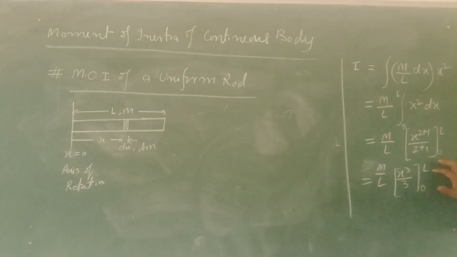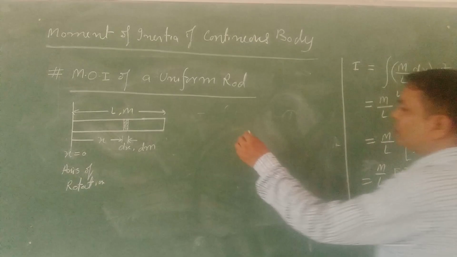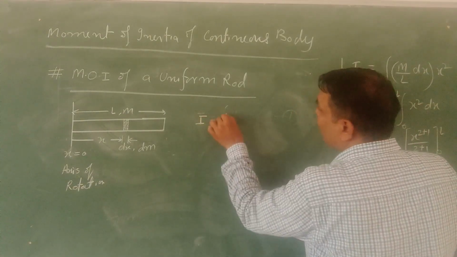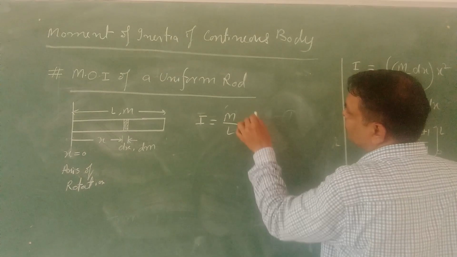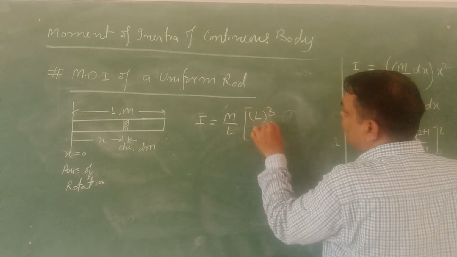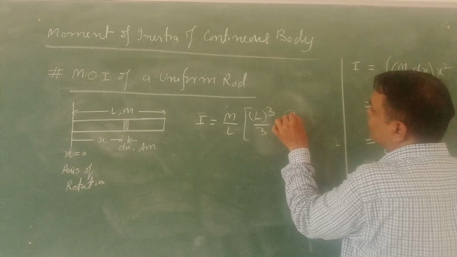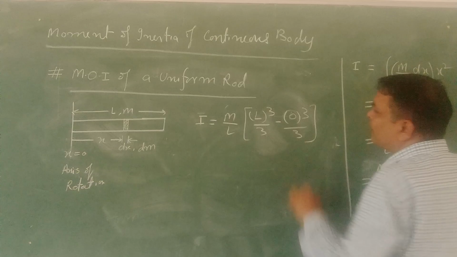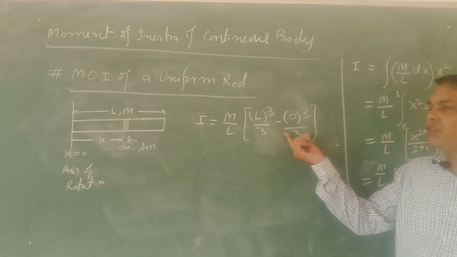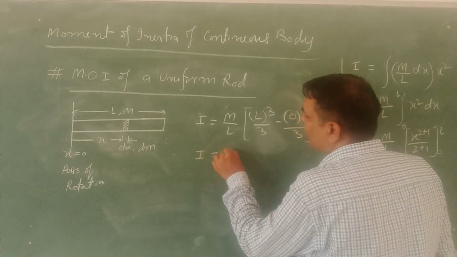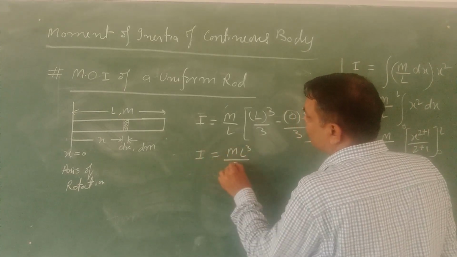Now we put the values of L and 0, then the moment of inertia is M by L times L to the power 3 divided by 3 minus 0 to the power 3 divided by 3. 0 to the power 3 becomes 0, and we get I equal to M L to the power 3 by 3L.